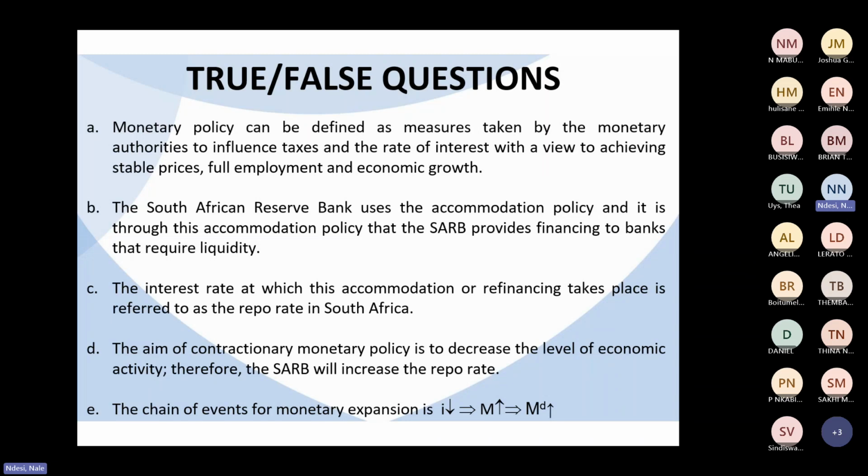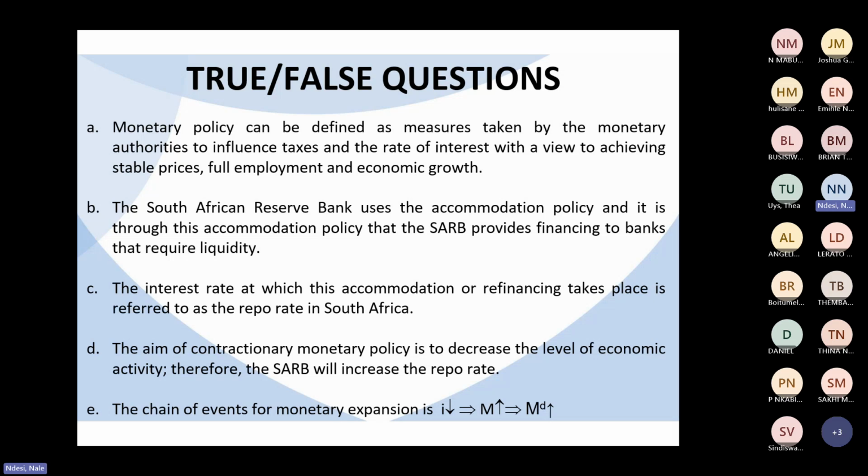It's actually the other way around. So a monetary expansion leads to a decrease in interest rate, which in turn increases the demand for money, not the quantity of money, as the statement says. So that's a little change that you need to take note of, and not just answer, because there would be a little detail that you haven't seen.